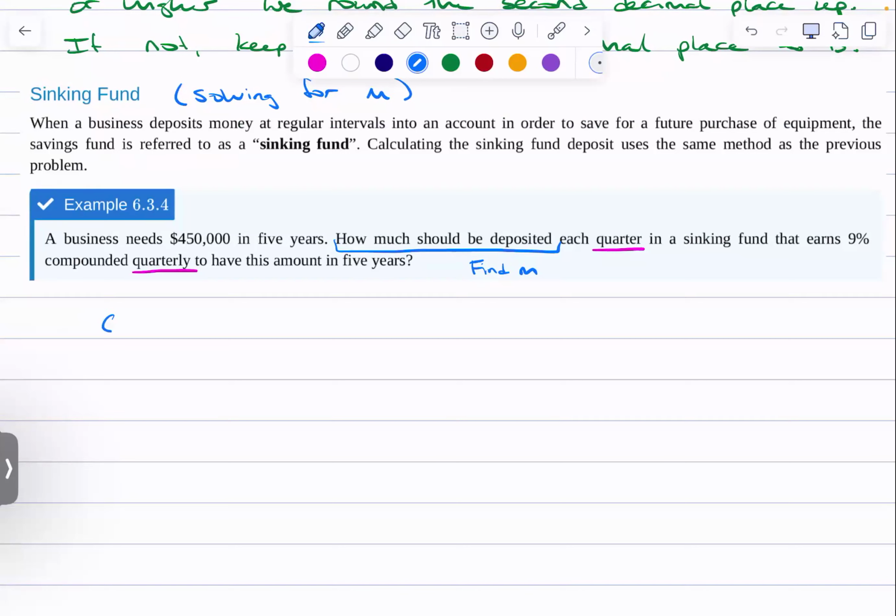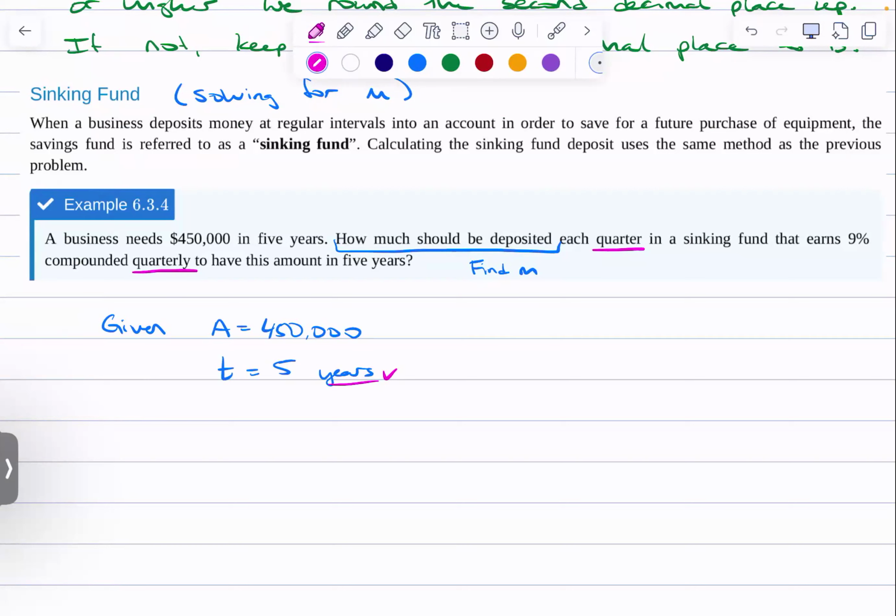We're given that A has to be $450,000. T, we have 5 years to do it. And T is in years, which is a little check mark.